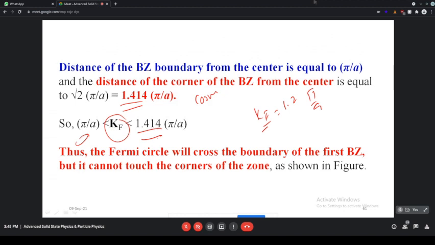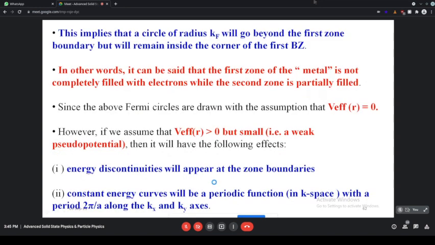It means this will cross the boundary of the first Brillouin zone, but will not cross the corner of the Brillouin zone. Okay, this will cross the boundary of the first Brillouin zone, but cannot touch the corners of the zone. It means if we draw a circle, that will go beyond the first Brillouin zone boundary, no doubt, but will remain inside the corner of the first Brillouin zone.